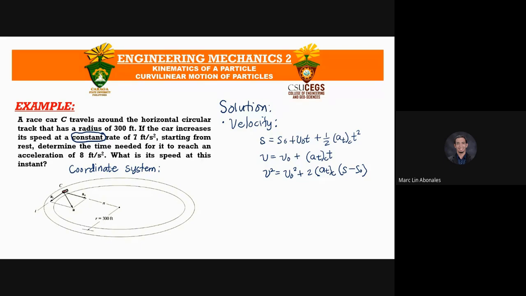So which among the three equations will we use? Anyone who can tell me which among the three equations we will use based on the problem? Is it the first, the second, or the third equation? What will we use? We have a_c, that is 7 feet per second squared. That is the tangential acceleration.